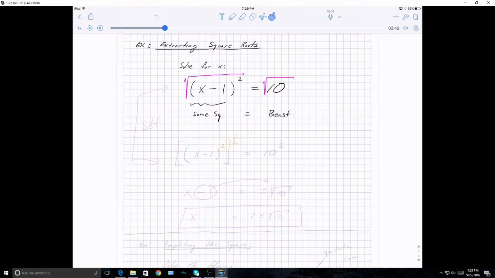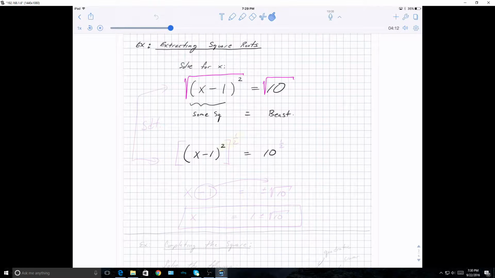Now, I'm going to write it this way first, but I'm also going to write it with rational exponents. So it'd be the quantity x minus 1 to the half power, oops, I already beat myself to it, squared, and that equals 10.